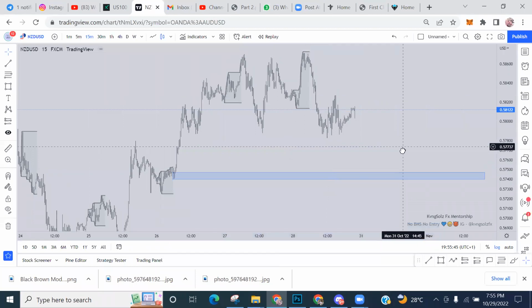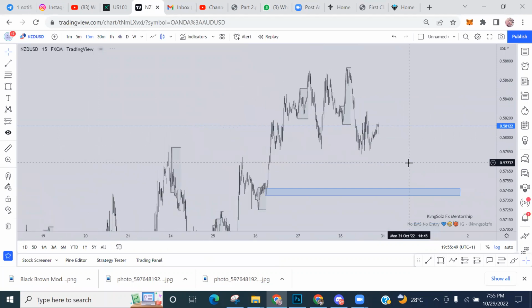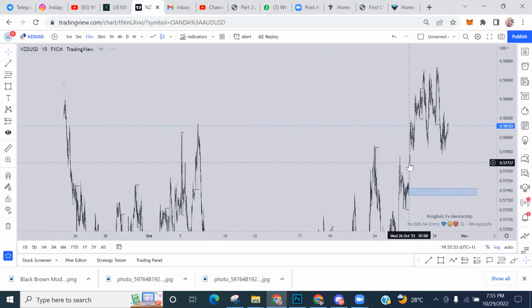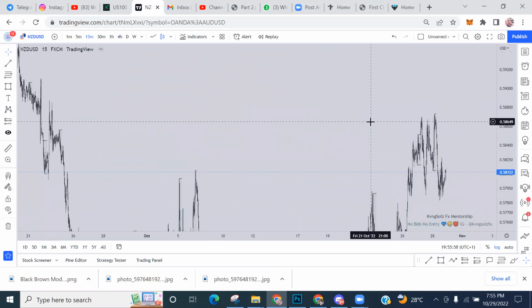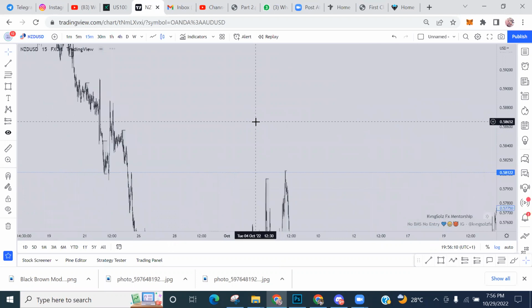But the negative side with these kind of pairs is that you really need to wait for a really good confirmation, right? This type of pair, the negative side is it does have huge spread. So, but see what this pair is doing right now.